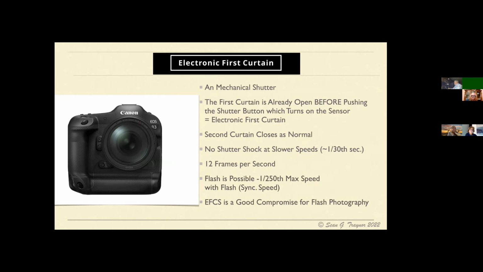The second curtain closes normally. The advantage of that is that there's no shutter shock at slower speeds. And with this so-called electronic first curtain shutter, we get 12 frames a second. And now we can get flash because it has a sync speed of 1/250th of a second. So the electronic first curtain shutter is a very good compromise for flash photography in mirrorless cameras, and it works very well.